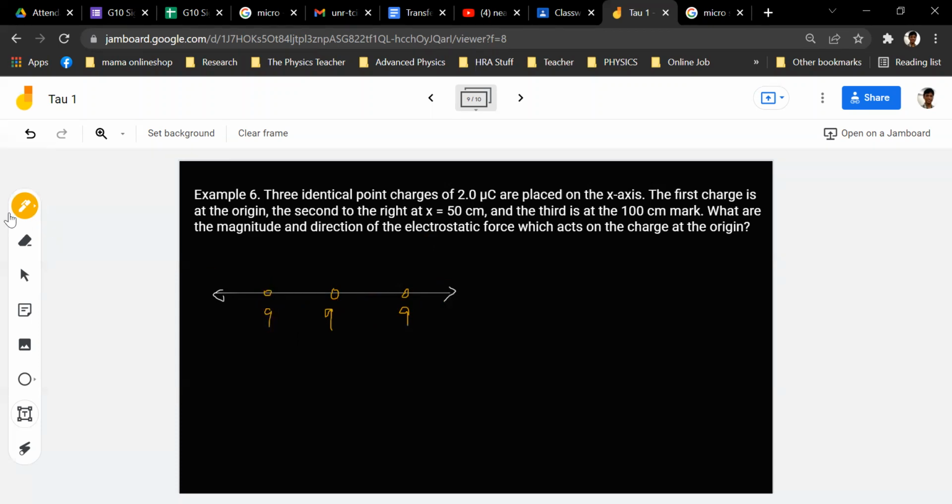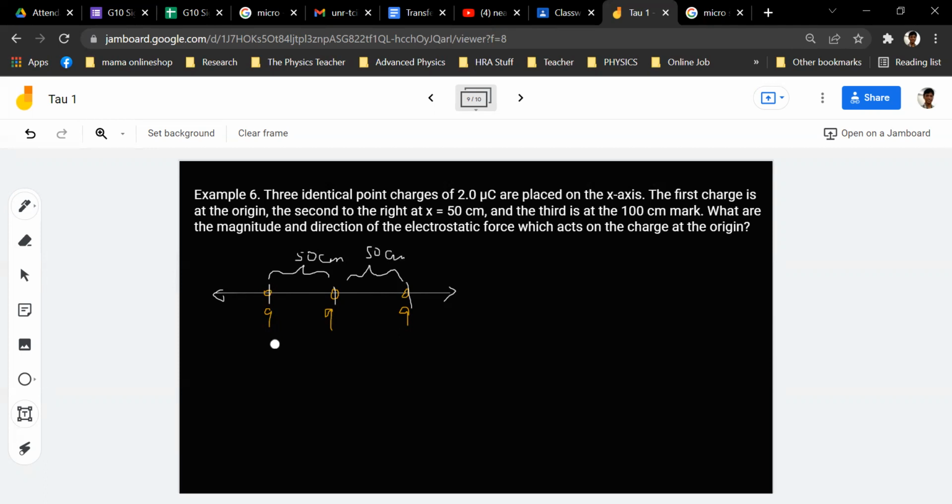Let's say that this is the origin. And this is the 50 centimeter mark. And this is the 100 centimeter mark. So we know that the first charge is 50 centimeters away from the second charge. And that the second charge is also 50 centimeters away from the third charge.